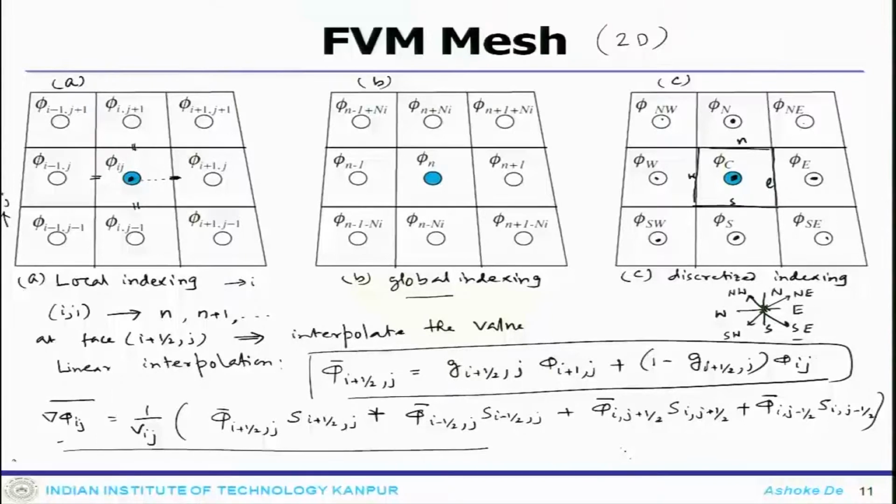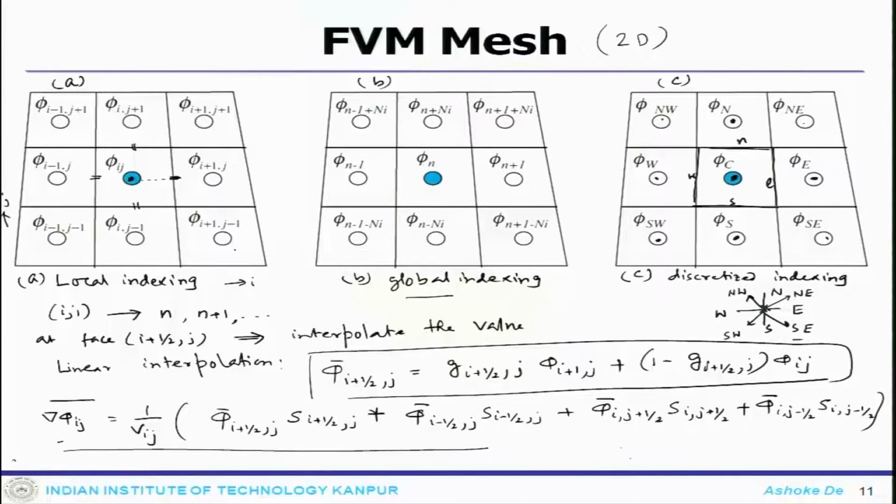Now, if you just recall from our previous lecture, this is where we actually stopped. Just to give you a brief overview so that we can be on the same page to continue for the unstructured grid. This was the structured grid system that we have discussed.